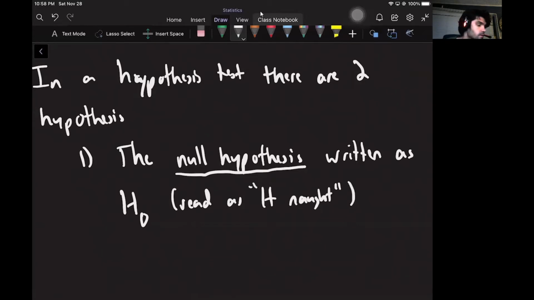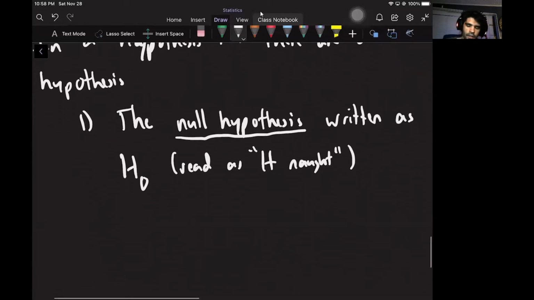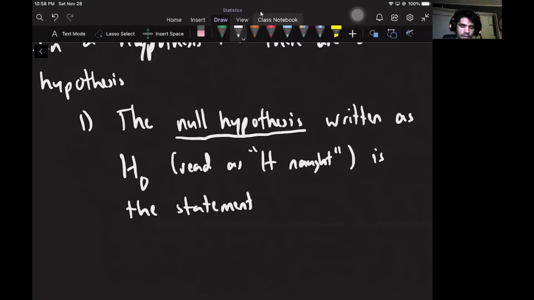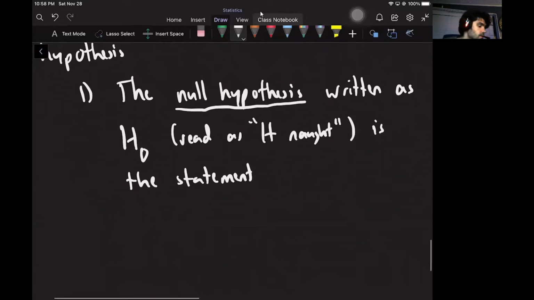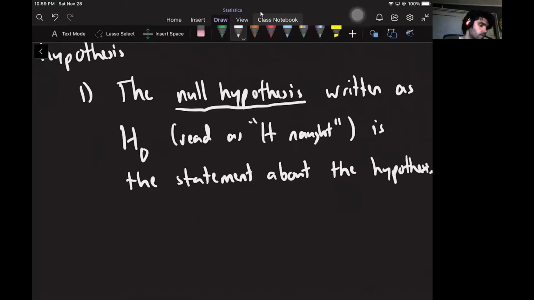And what it is, it's a hypothesis, so it's a statement about a population characteristic. What statement is it? It's always the statement about the hypothesis to be tested.